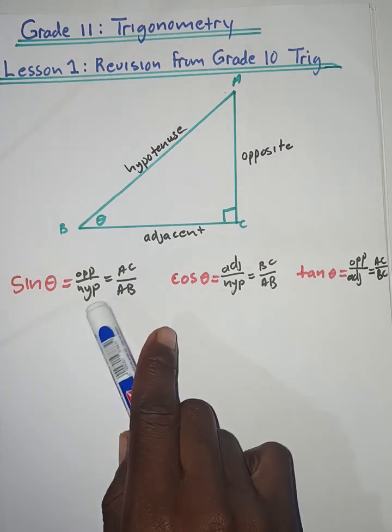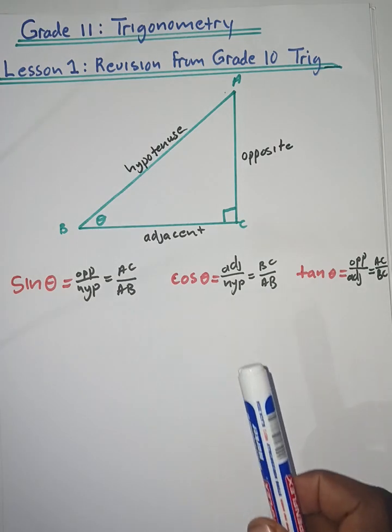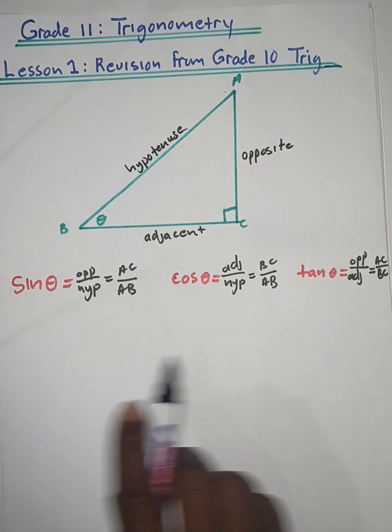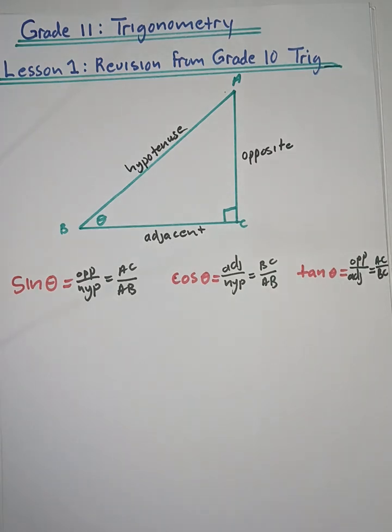We're going to do a few questions to consolidate what we did last year in grade 11. But what I need you to note about these three trig ratios is that they are only applicable in a right-angled triangle.